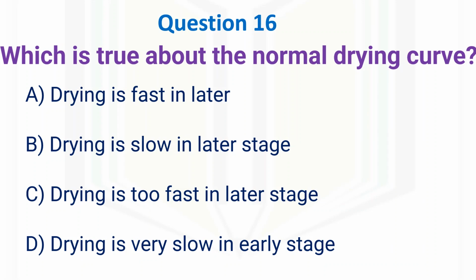Question number 16. What is true about the normal drying curve? Options are drying is faster in later stage, drying is slow in the later stage, drying is too fast in the later stage, drying is very slow in the later stage. Correct option is option number B, drying is slow in the later stage.